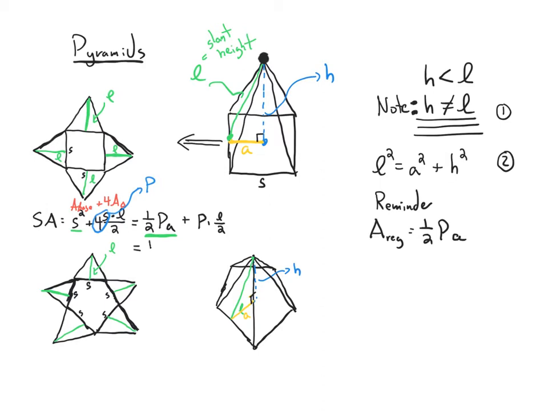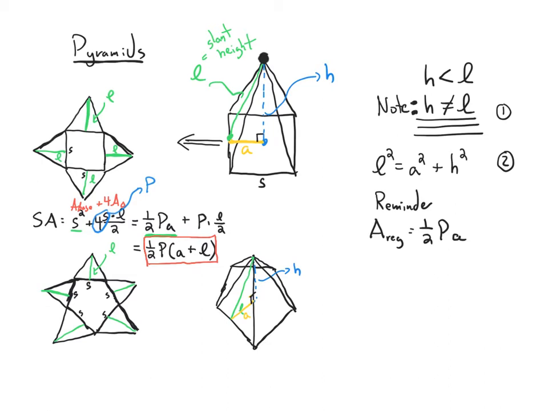I get 1/2 the perimeter times a plus L. And you can check that indeed if I multiply this back, I get exactly our expression. So I did this correctly. So we have exactly what we want here.